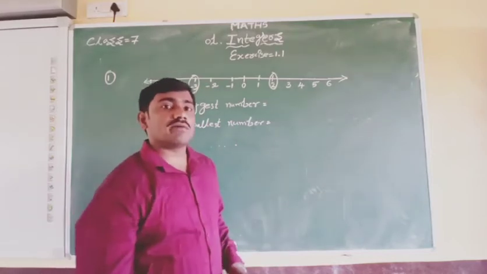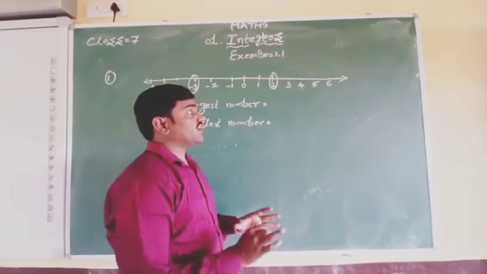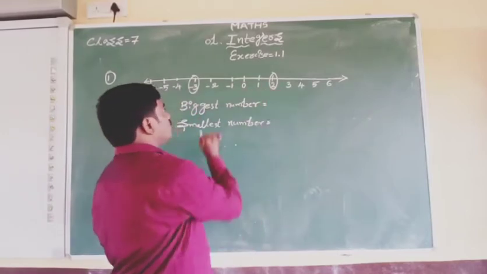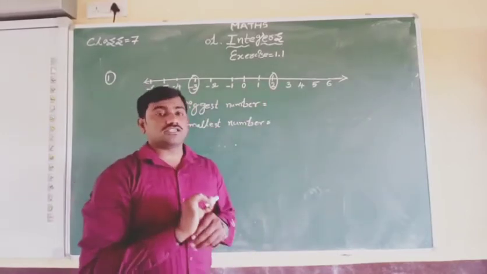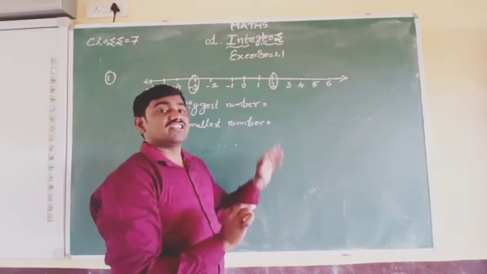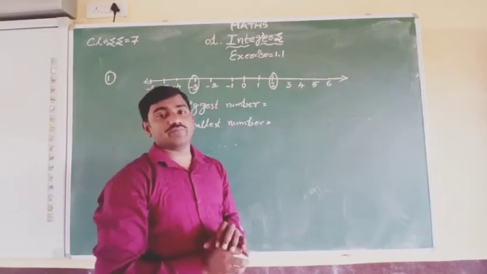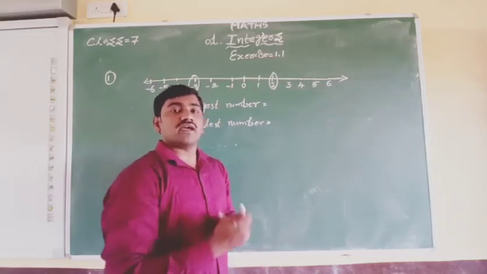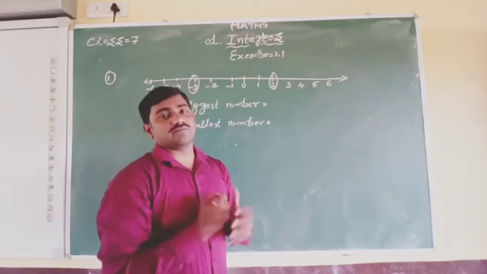So here two numbers are marked on the integer number line. What are the numbers? See, 2 and minus 3 are marked. In this 2 and minus 3, which is the biggest number and which one is the smallest number?